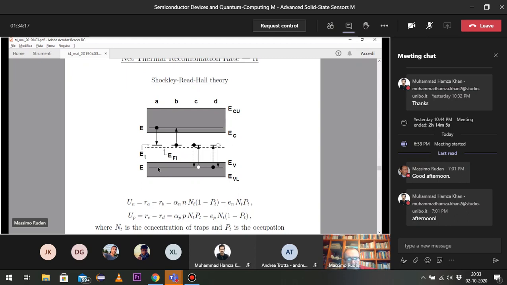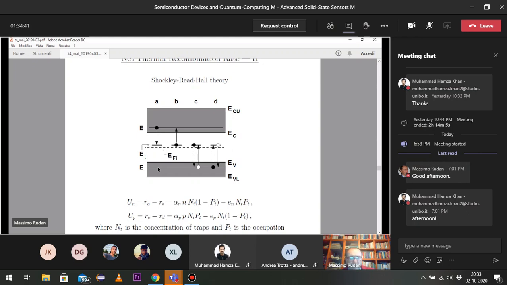This is called direct recombination. The opposite phenomenon is a phenomenon in which an electron initially in the valence band absorbs enough energy to jump into the conduction band, and this is called direct generation of the electron-hole pair.